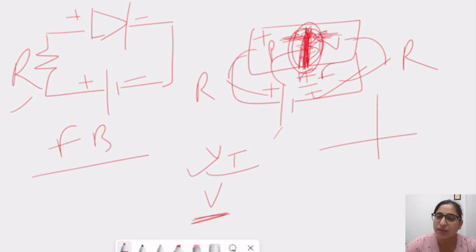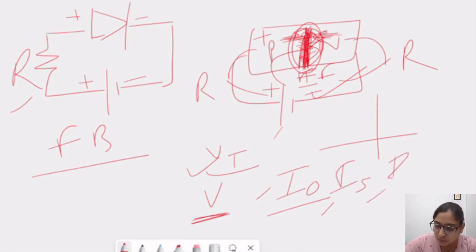When the temperature increases, the electrons and holes recombine with each other and start flowing a current, which is very negligible in nature, but we consider it in our VI characteristics. This is our I naught, sometimes called IS or IRS. This is nothing but the reverse saturation current, which is due to the effect of temperature in forward biasing.